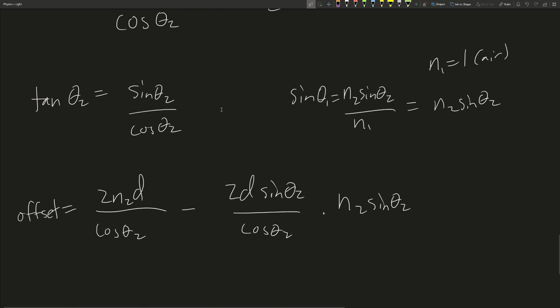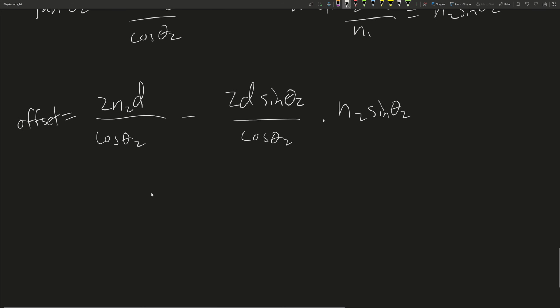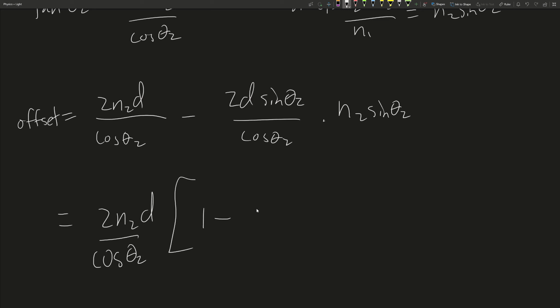Now if we factor out a factor of 2n2d, and also a common factor of divided by cosine theta 2, we get 1 minus sine squared theta 2. And this is a Pythagorean trig identity, which is just equal to cosine squared theta 2.